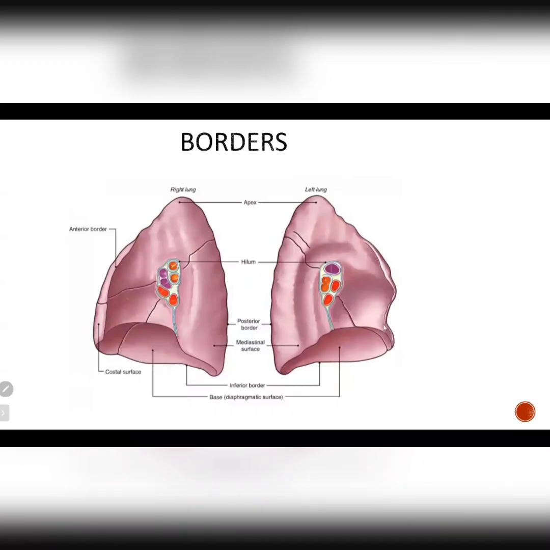This entire region is called the medial surface, whereas this small portion close to the posterior border is called the vertebral surface, and the rest of the area, the large area of the medial surface, is called the mediastinal surface.